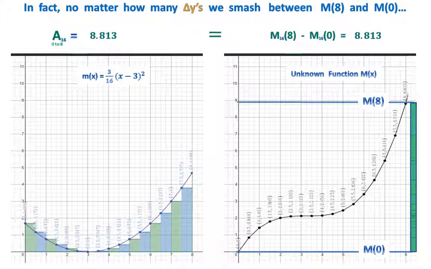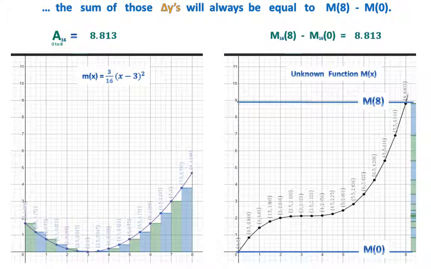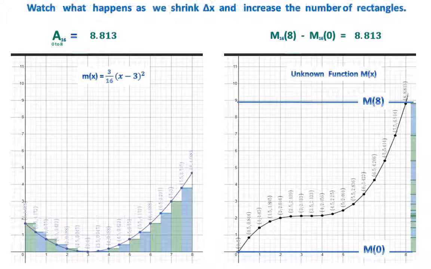In fact, no matter how many changes of y we smash in between capital M of 8 and capital M of 0, the sum of those changes in y will always be equal to capital M of 8 minus capital M of 0. Watch what happens as we shrink delta x and increase the number of rectangles.